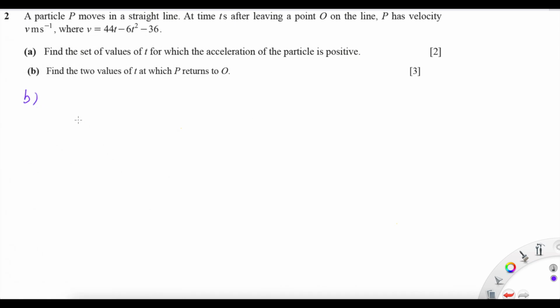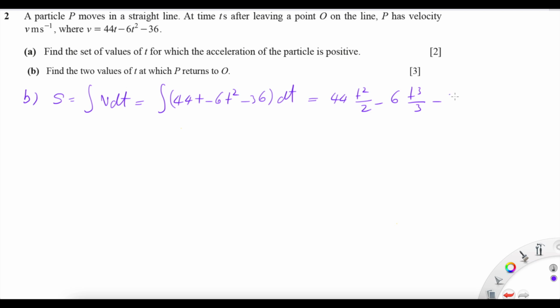Part B, find the two values of t at which P returns to the origin. It means that displacement should be 0. We know that displacement is the integration of velocity with respect to time. So it will be equal to the integration of 44t minus 6t squared minus 36 dt, which is 44t squared over 2 minus 6t cubed over 3 minus 36t plus c.